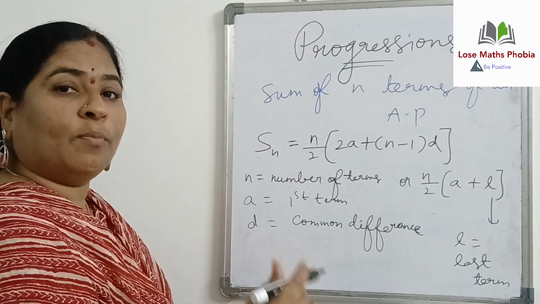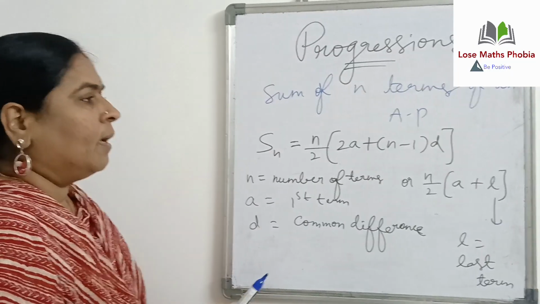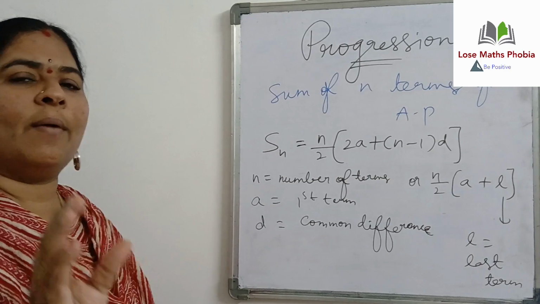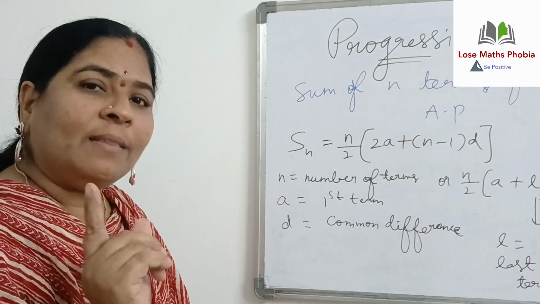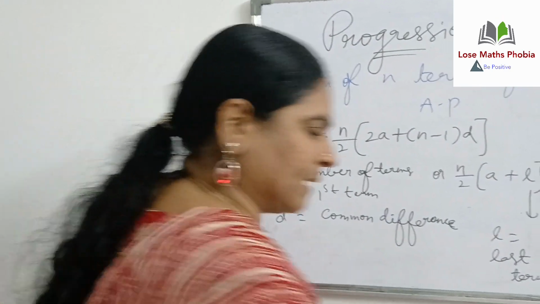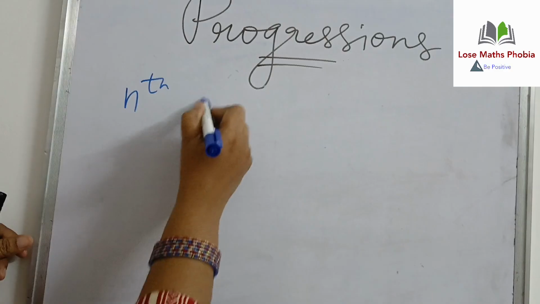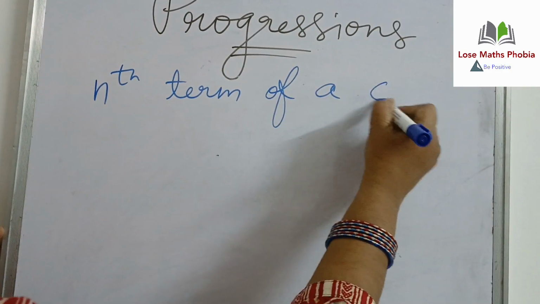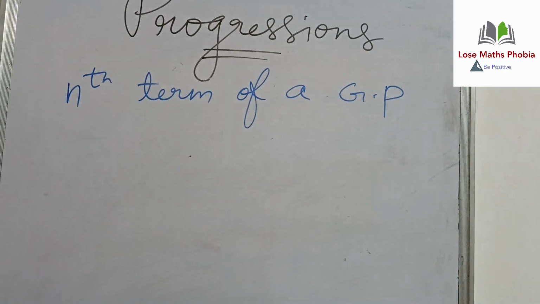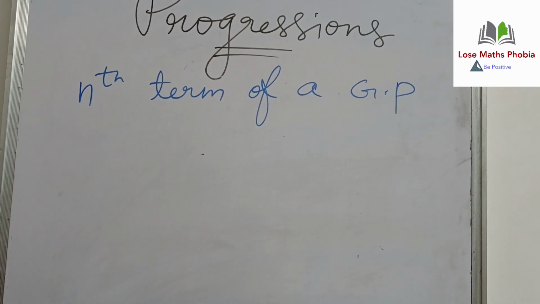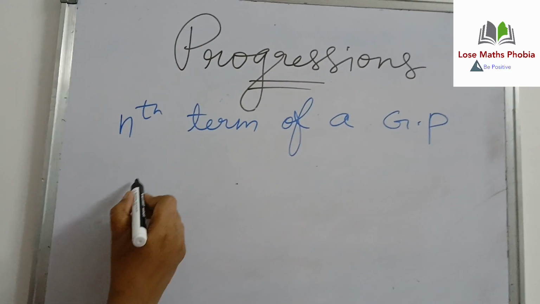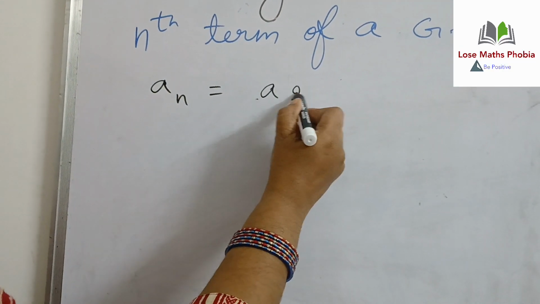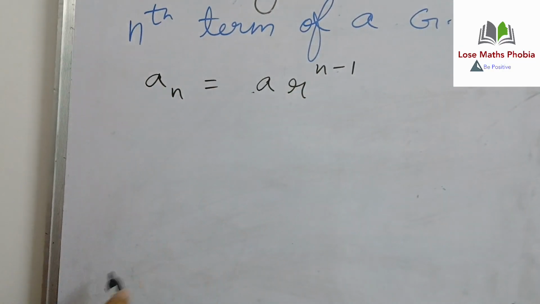Now let me discuss one more formula, related to GP. In 10th class syllabus we have only GP nth term. Let us discuss nth term of a GP. You know, GP means geometric progression. Nth term of GP, an, can be written as a r to the power n minus 1.